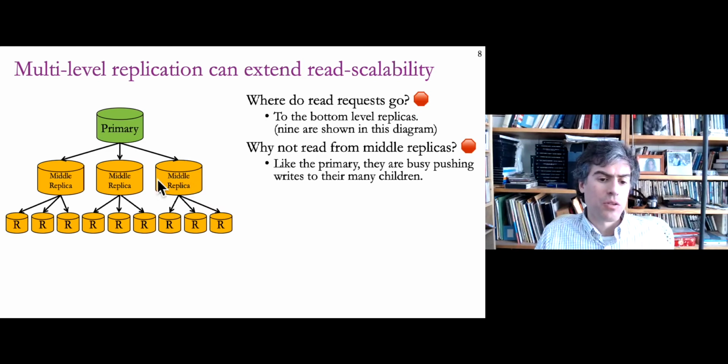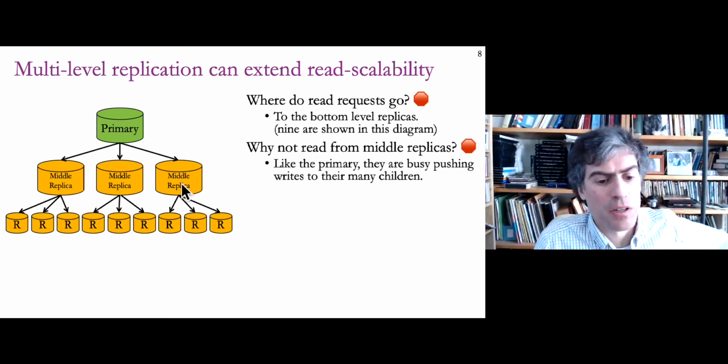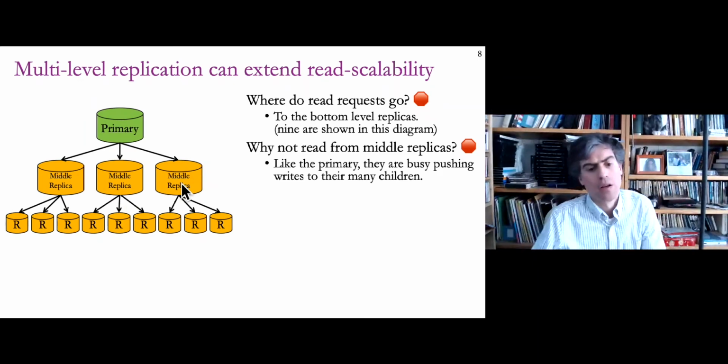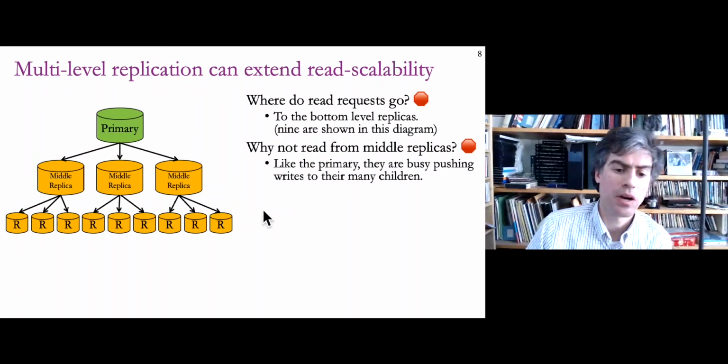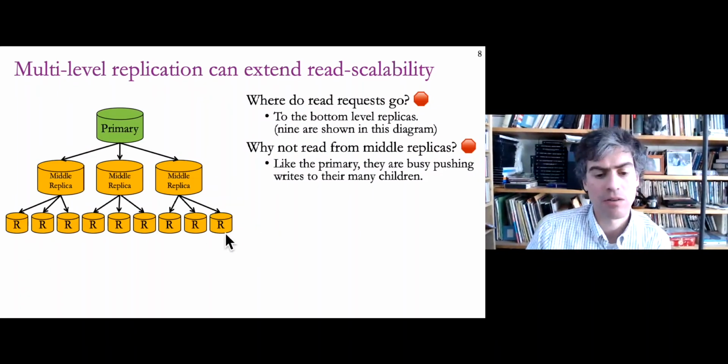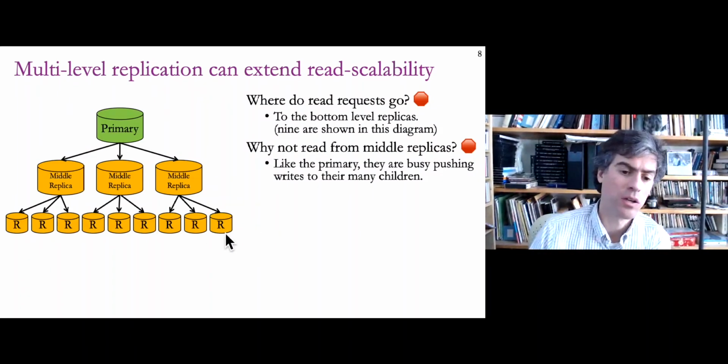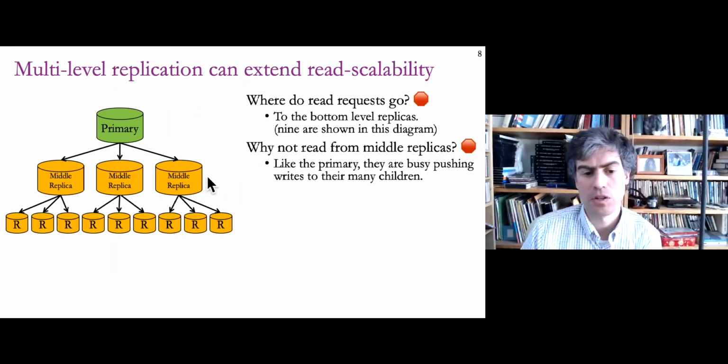So if you do that, you'll start to slow down the ability of... That's not the most scalable approach. That's similar to reading from the primary, right? Because these middle replicas are duplicating all the writes, whereas these leaf replicas are only handling every write once. These middle replicas are handling every write 4 times, so they have less spare capacity.